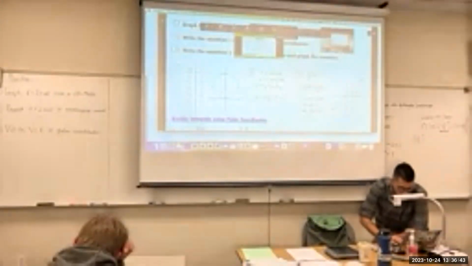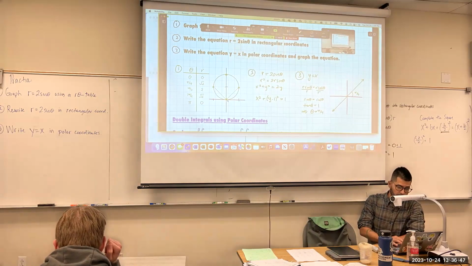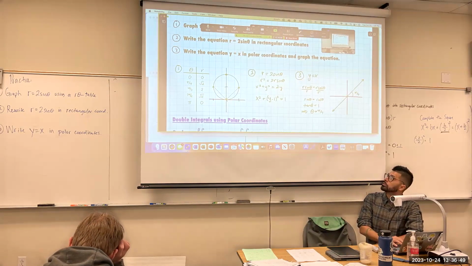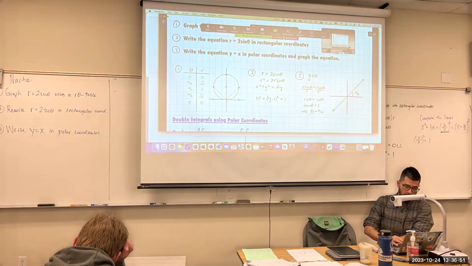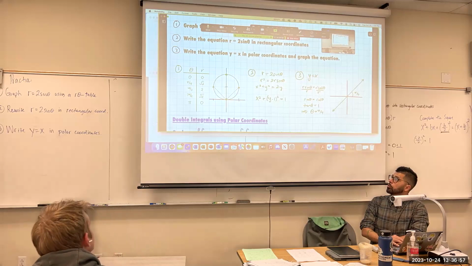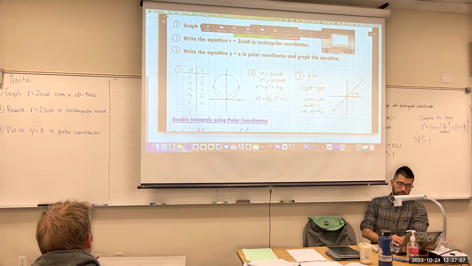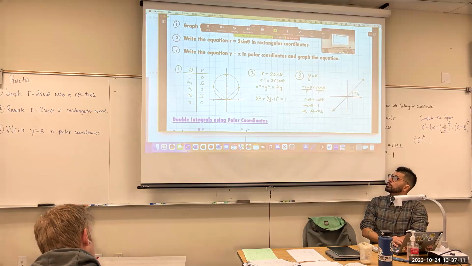For this one, at angle 0, sine is 0, so your radius is 0, so it stays at the origin. At pi over 4, your r is √2, so that's about 1.4 units, similar to what we did in the previous example. But now at pi over 2, sine is going to be 1, so r is 2, and it stretches 2 units towards pi over 2.